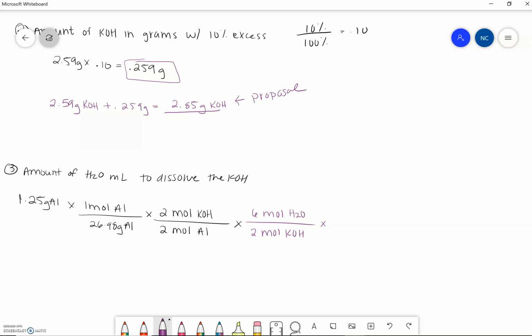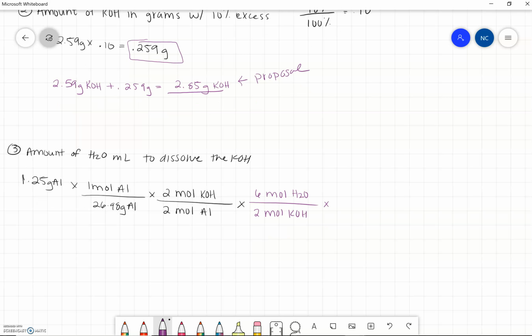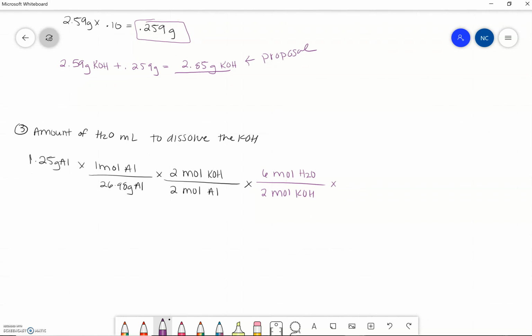We do need the amount of water in milliliters, so we know that we're going to have to use the density equation, which is mass per volume. But we need the mass of water first. So we're going to be multiplying by the molecular weight of water, which is 18.02 grams per 1 mole.